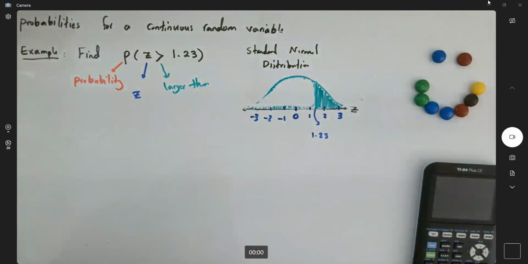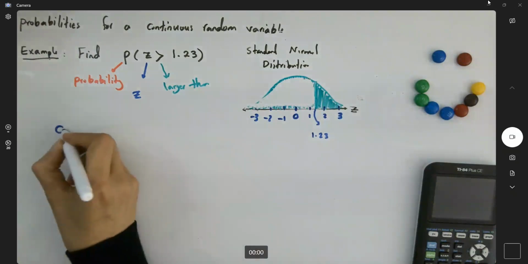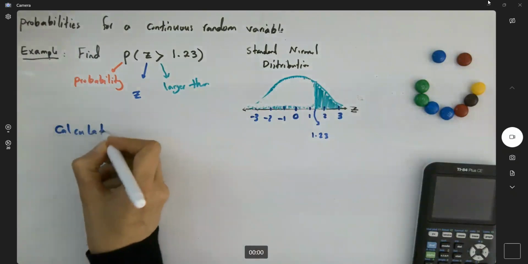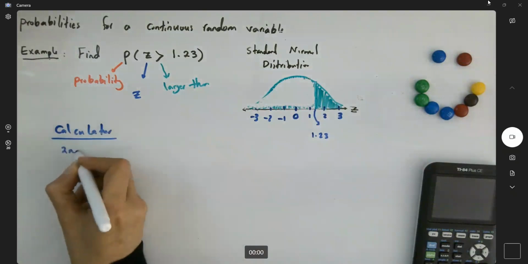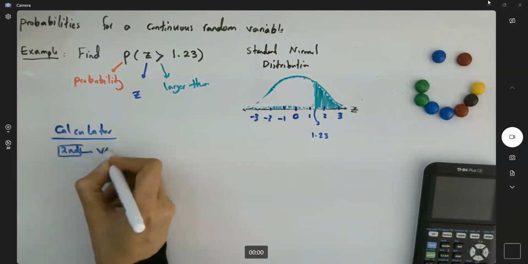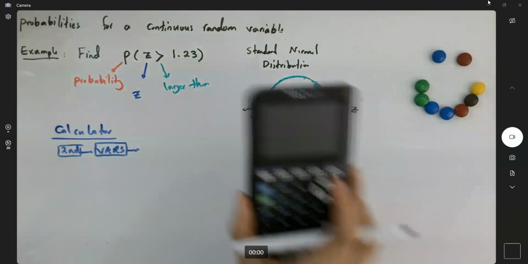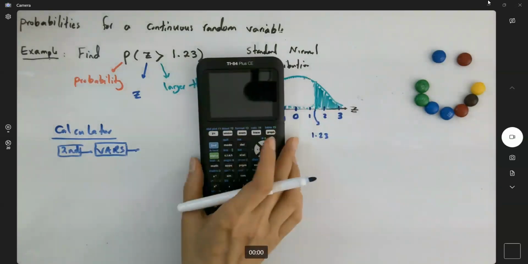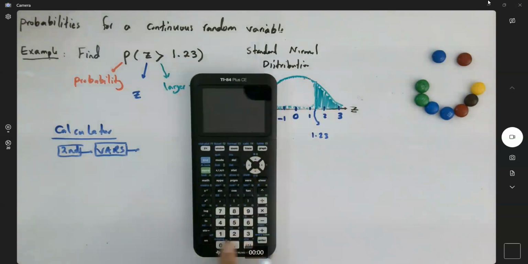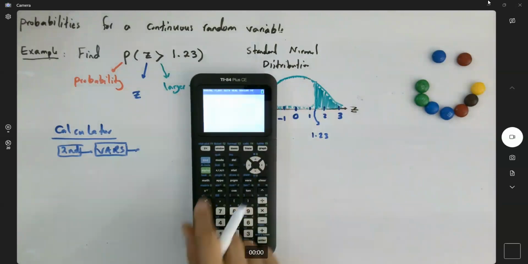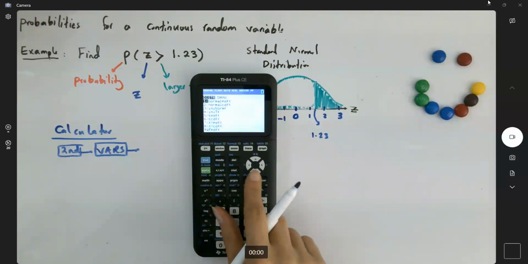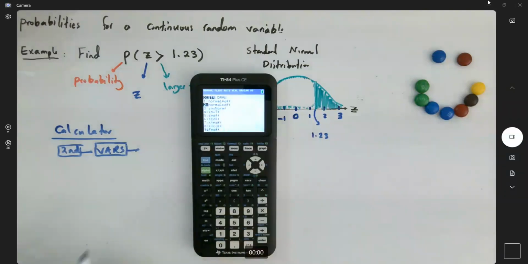Well, we're going to use our calculator. Second vars. Very good. So my calculator is just right here. Let's move this a little bit further. Second vars and find normal CDF.